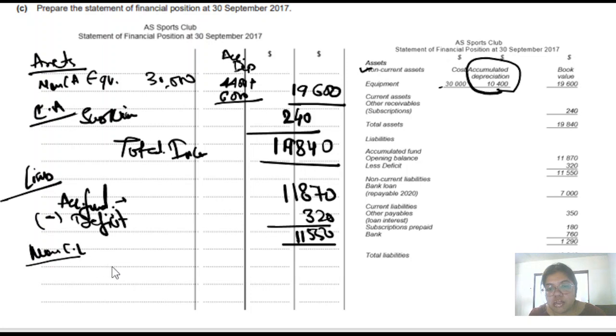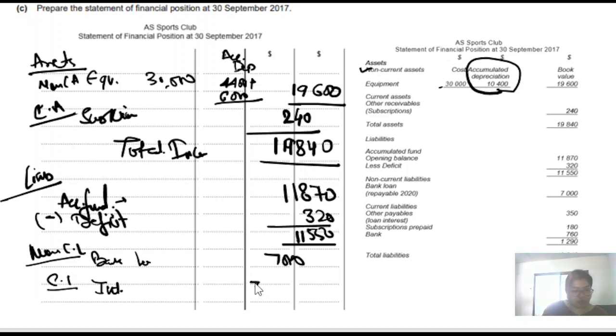After that, your non-current liability. Bank loan was there, directly 7,000, you have to write it down. In the current liability you have bank loan interest, which you calculated, that is 350.